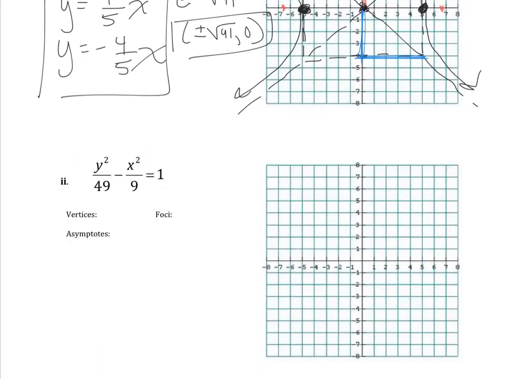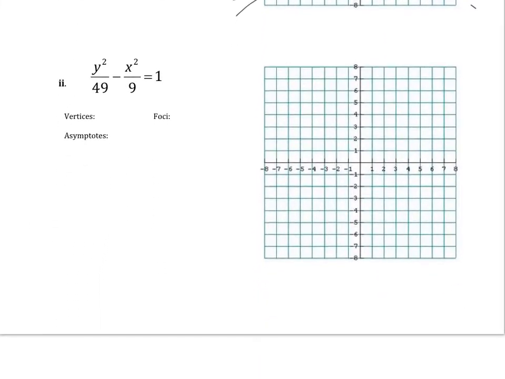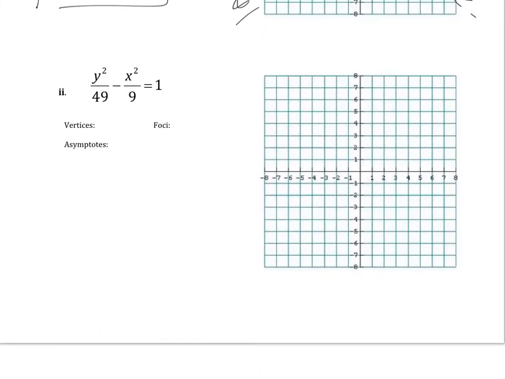The next one that I have here for you has a vertical transverse axis. Again, we could tell that by looking at the fact that y squared is positive. So we'll draw our rectangle again. I'm actually going to do it in a different color so that we could see the rectangle a little bit better.